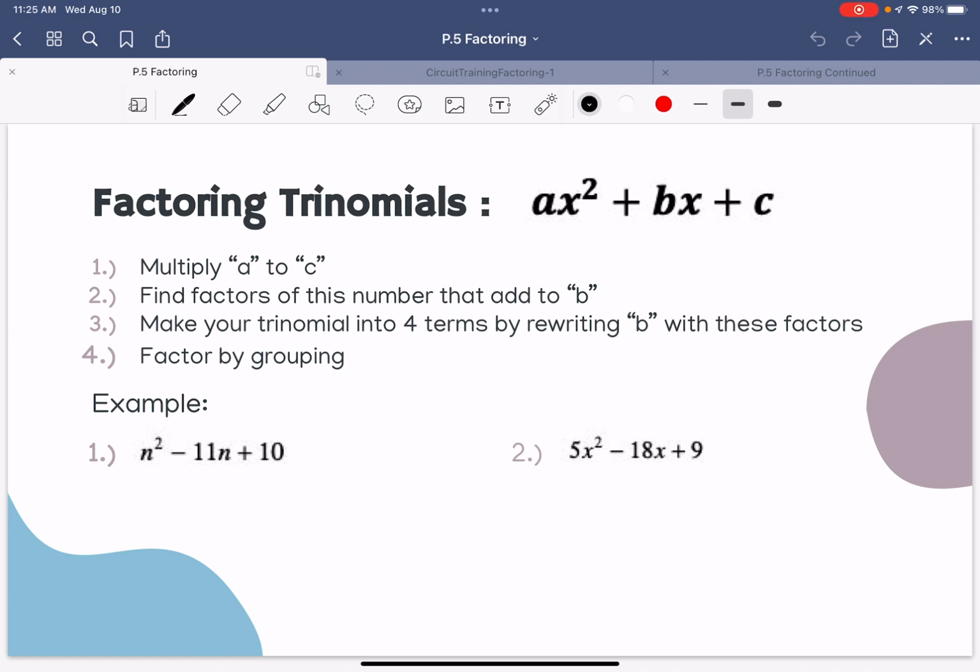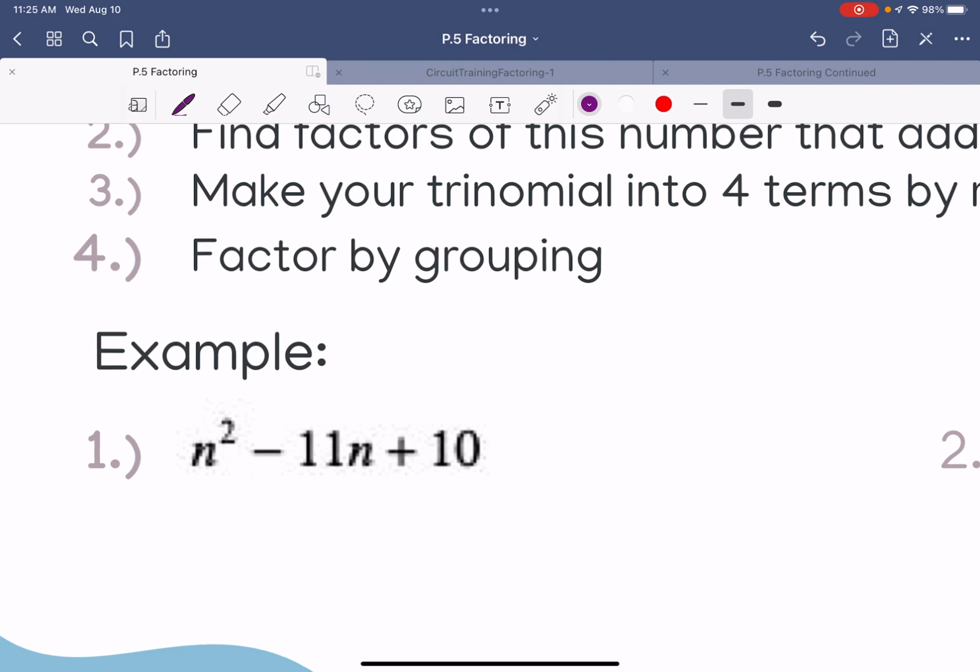So looking at this first example, we're going to go ahead and label what we have. So for instance, a is always next to the x squared, B is always next to the x, and C is always the number by itself that does not have a variable attached to it. So in this case, on this example, my A value is whatever is next to the squared term.